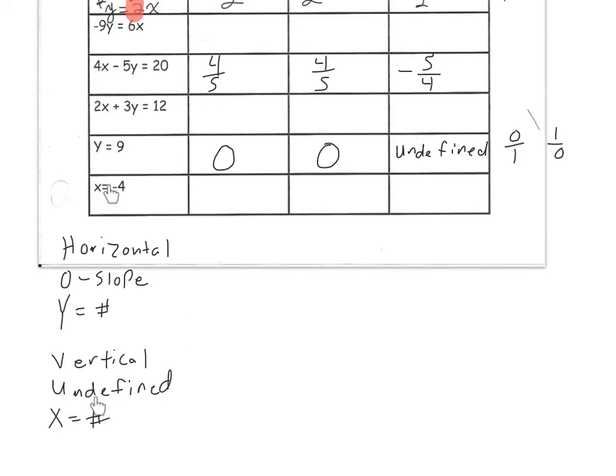Okay, undefined slope goes up here, in that first box. Parallel slope. Remember we said those two columns are always the same. Always the same there, so we got undefined.